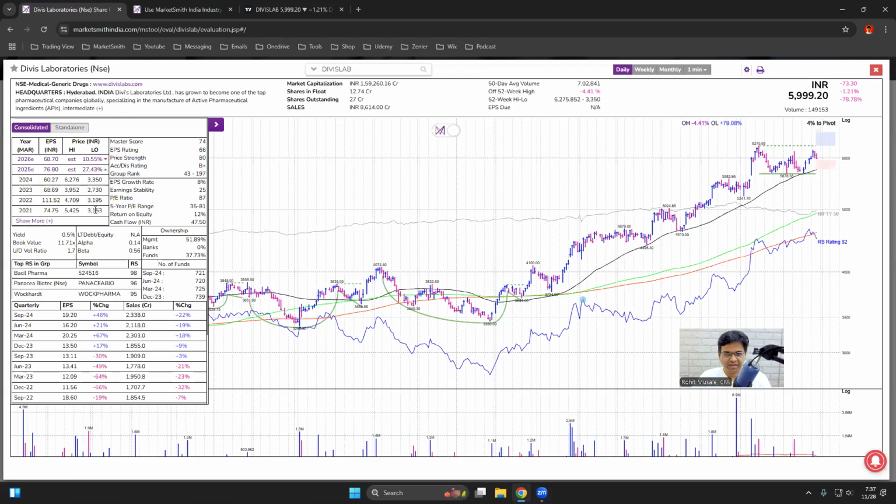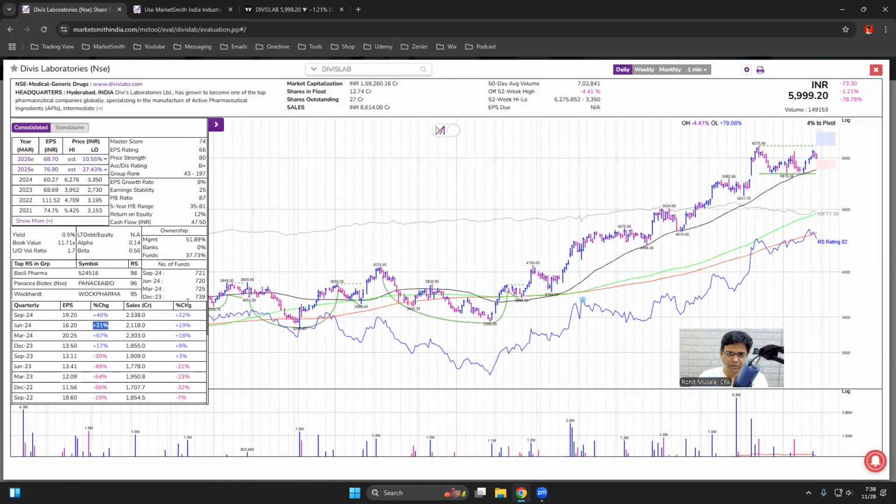fundamentals. For fundamentals, you look at the recent quarterly result, the latest quarter result. See, there was a decline in the growth rate in the June quarter, but then it came back up. Now sales, if you see, three straight quarters it has been growing. So accelerating quarterly sales growth and accelerating EPS growth, which is fantastic.